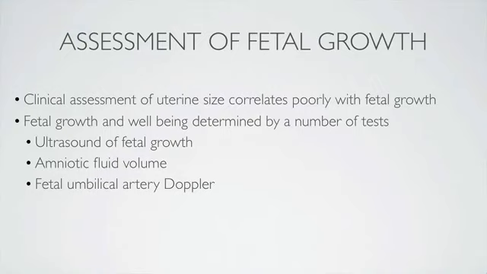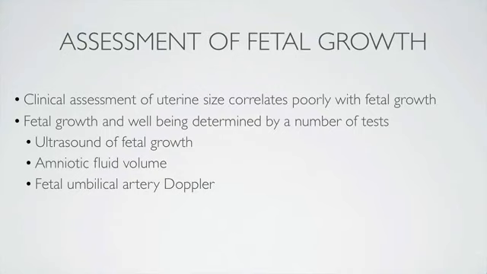Something that I'm always interested in as a neonatologist when I go down to deliveries is the fetal umbilical artery Doppler. So they measure the fetal umbilical artery flow, and if it's absent or reversed, this means that there is poor placental function. And reverse is worse than absent flow.